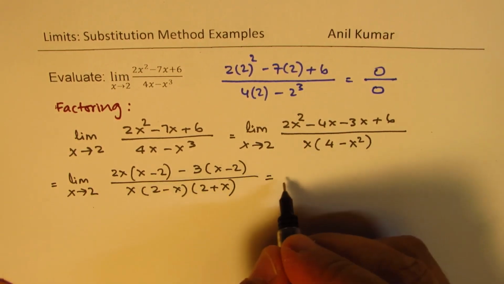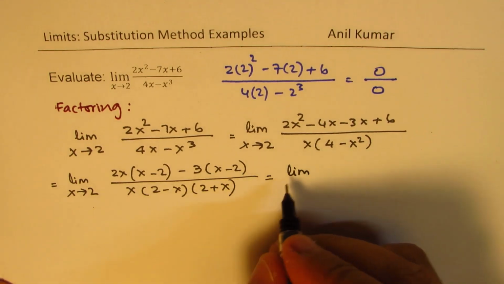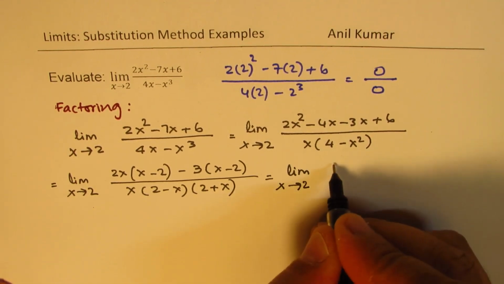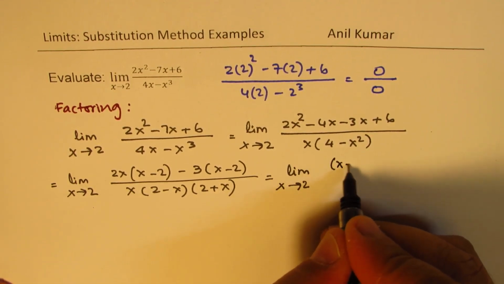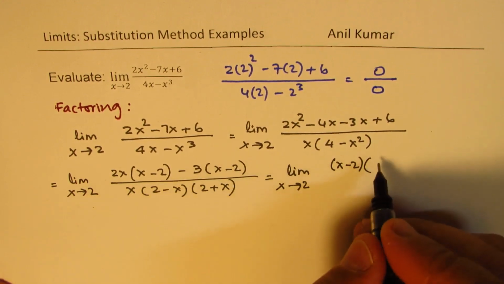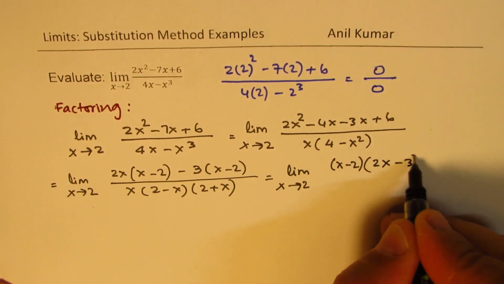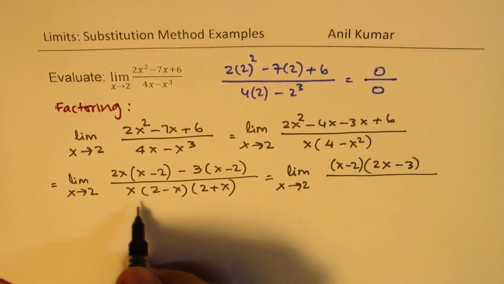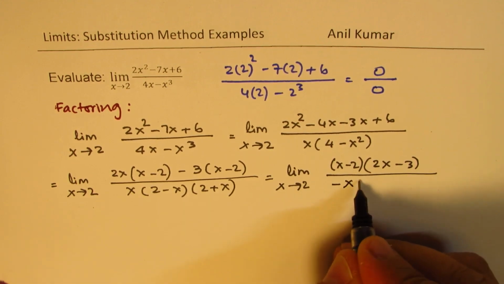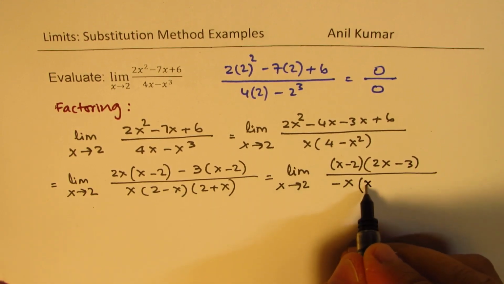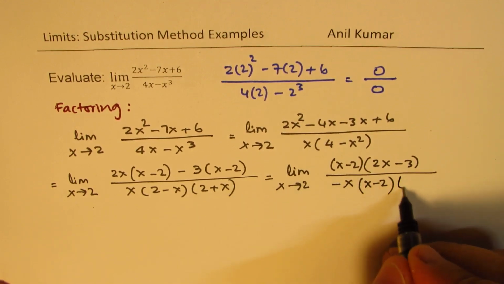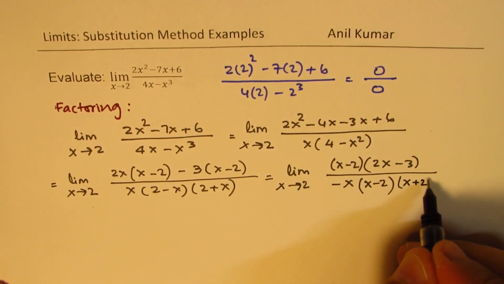Now in the numerator, we could take x minus 2 common. We get 2x minus 3 as the other factor. In the denominator, we could write minus x, and this I could write as x minus 2, and that we could write as x plus 2, right?